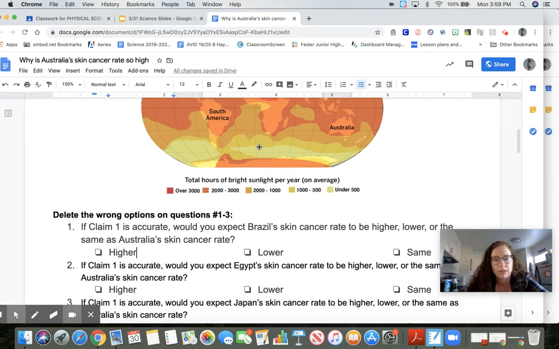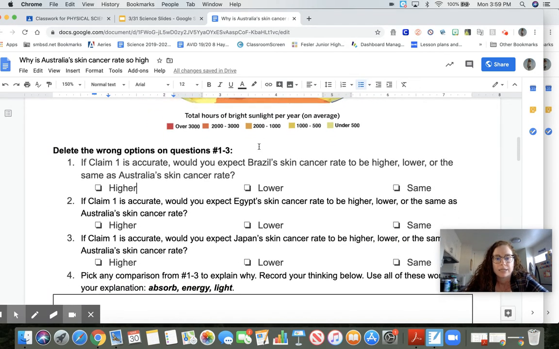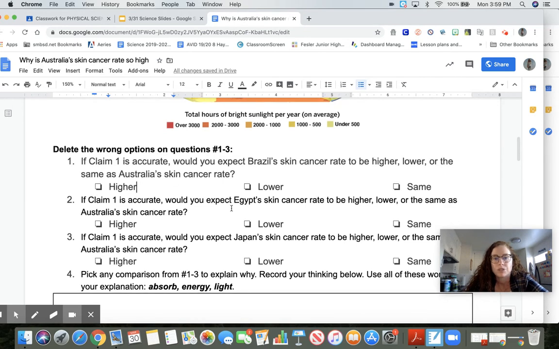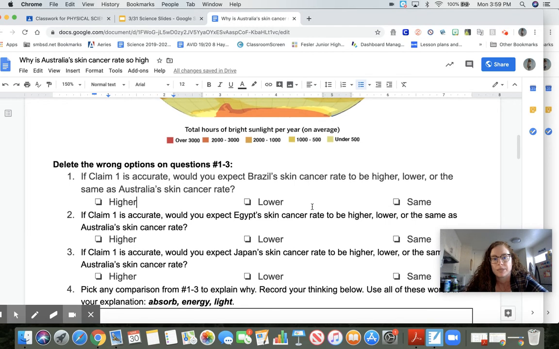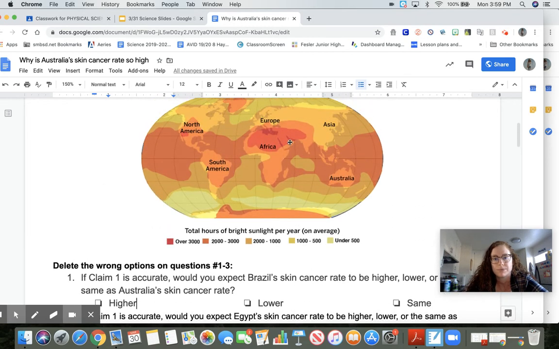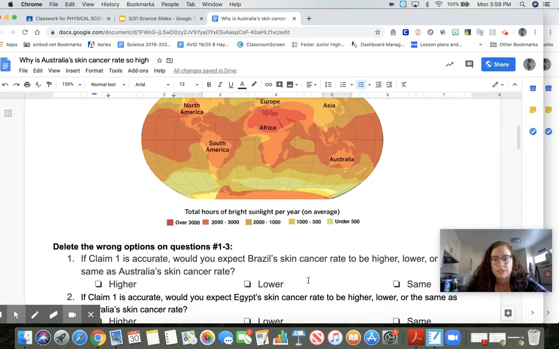What do you think? If claim 1 is accurate, would you expect Egypt's skin cancer rate to be higher, lower, or the same? In case we don't know, Egypt is up over here in this really darkish red color. Do you think Egypt's skin cancer rate would be higher, lower, or the same as Australia's based on the color here?